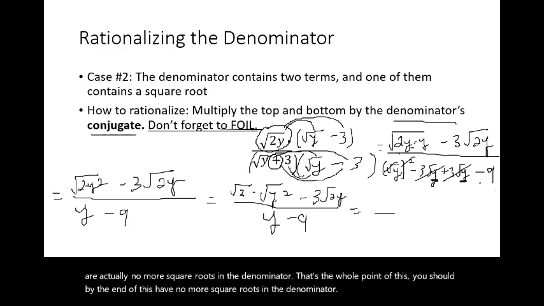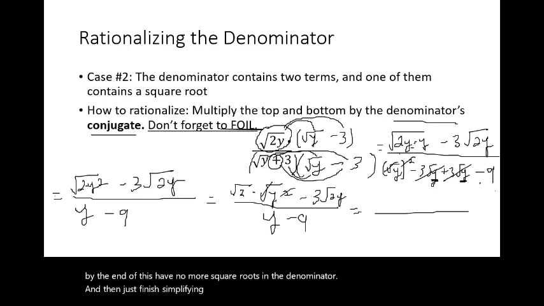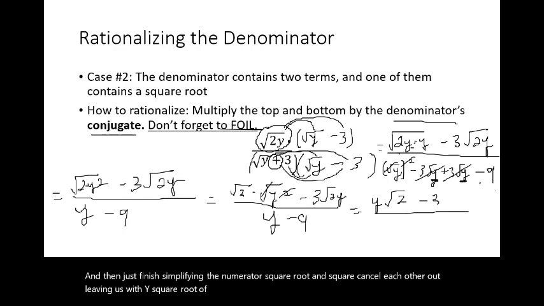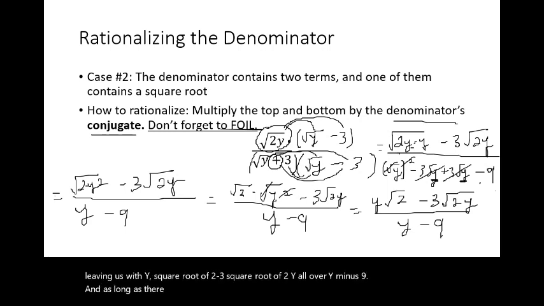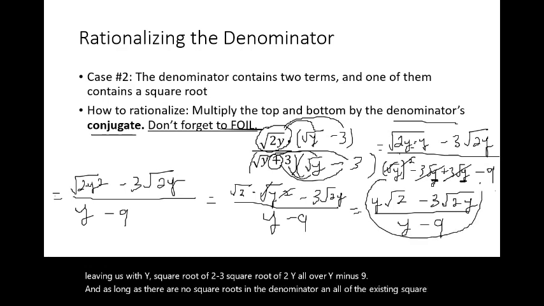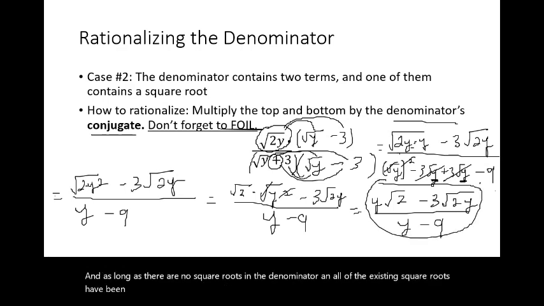And then just finish simplifying the numerator. Square root and square cancel each other out, leaving us with y square root of 2 minus 3 square root of 2y all over y minus 9. And as long as there are no square roots in the denominator and all of the existing square roots have been simplified, this is now your final answer.